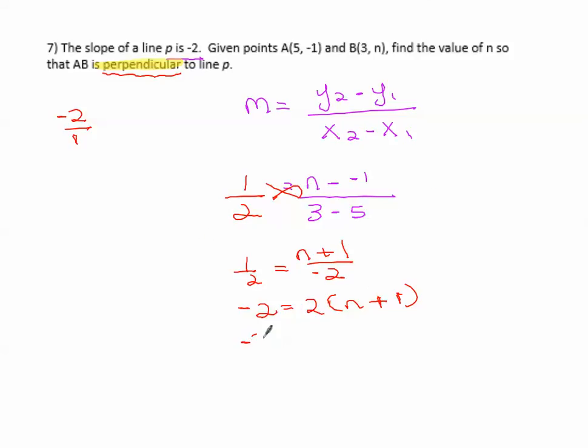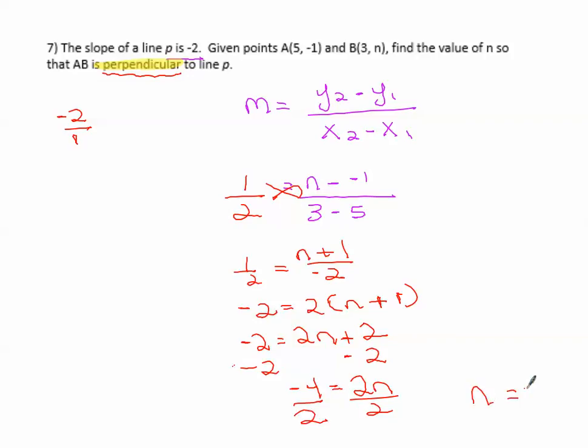Now I really do need to distribute 2 times n, 2 times 1. Now we're just solving for n. Negative 4 equals 2n. So n is equal to negative 2. Okay, so that's the real answer for that one.